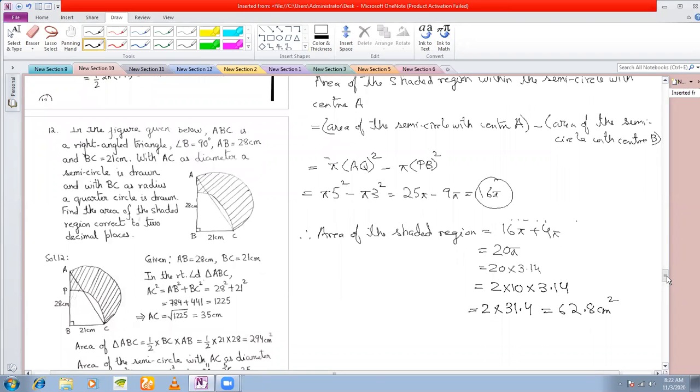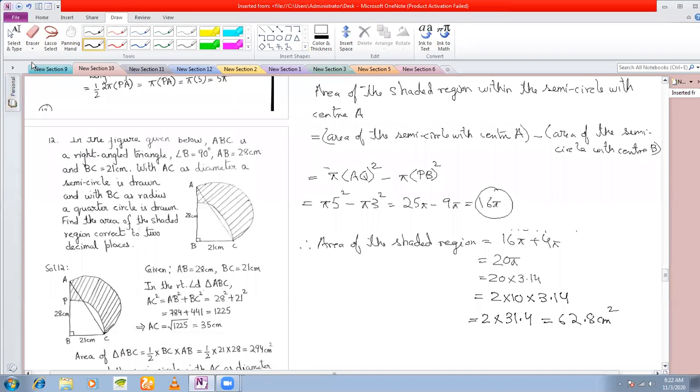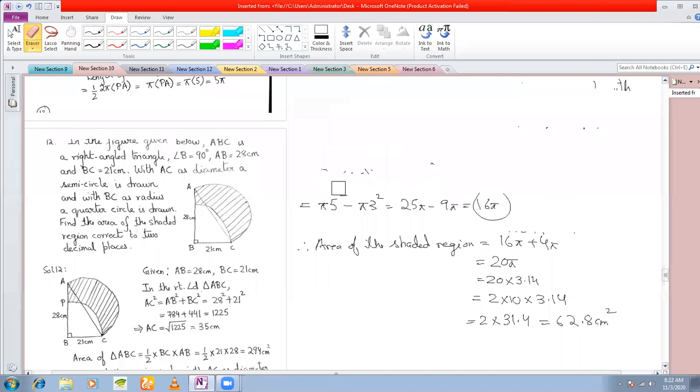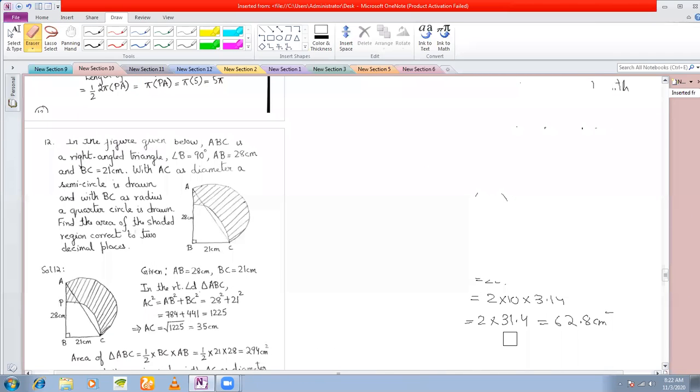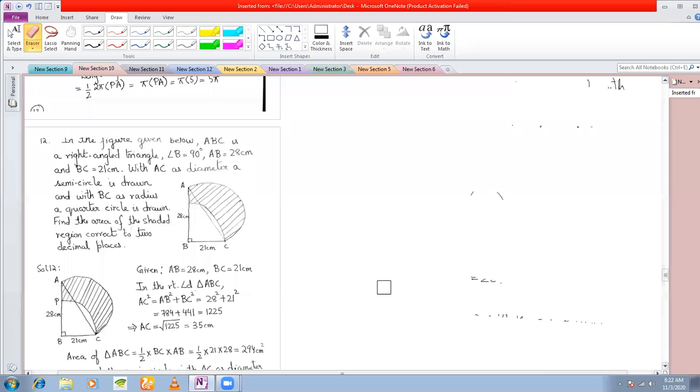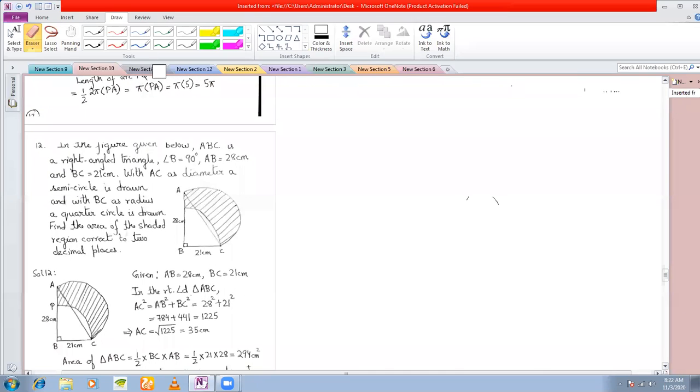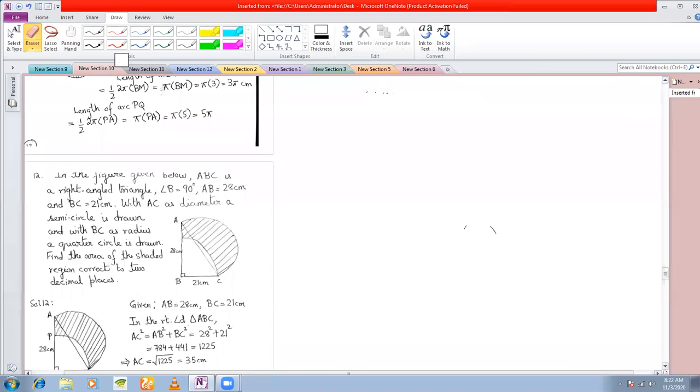We now move on to the next problem, number 12. Now, number 12. Can anyone tell me what should be the area of the shaded region for number 12? Just by looking at it, can you tell me what should be the area of the shaded region?